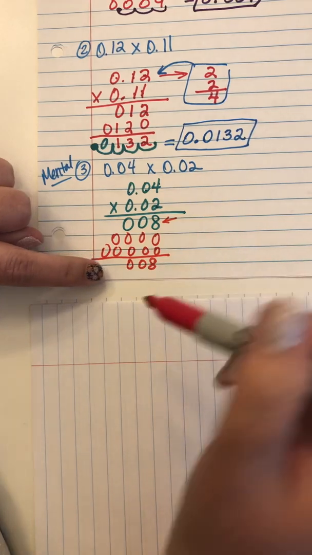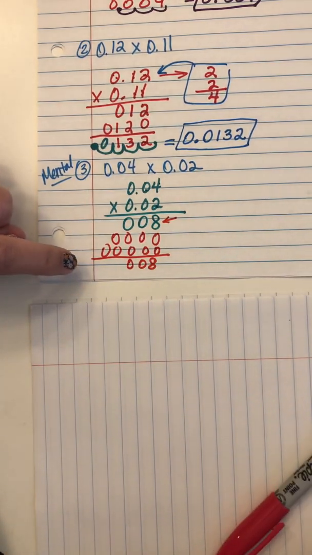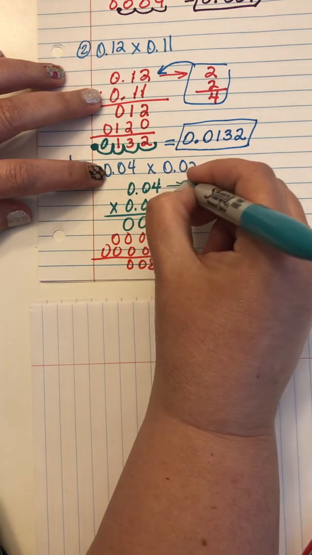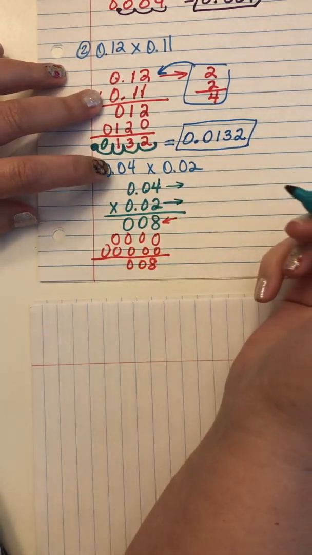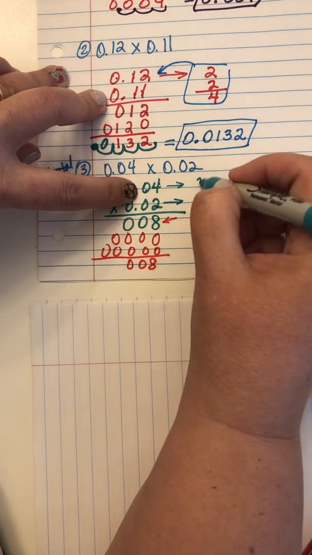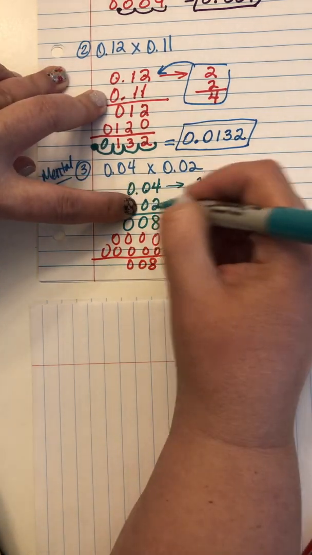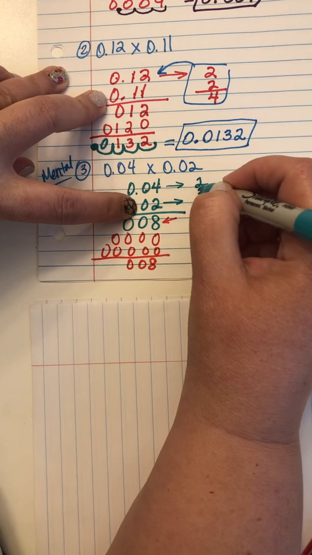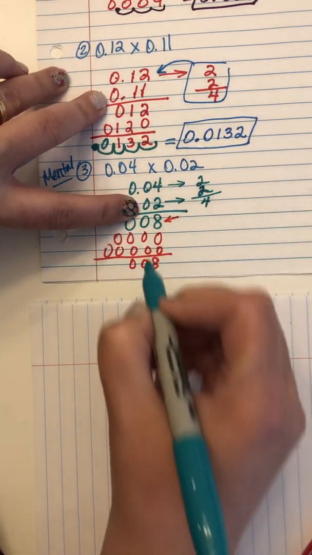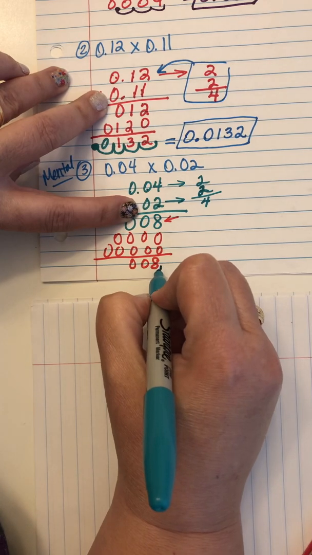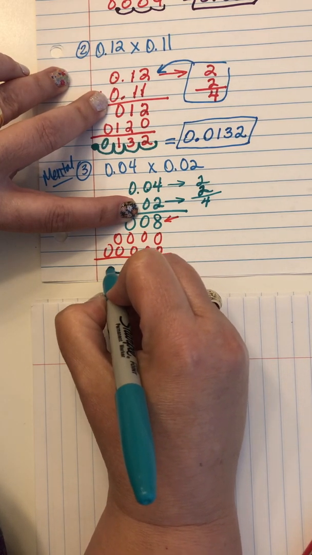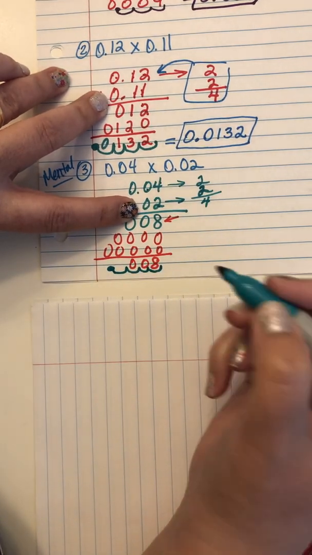So I have 8008. Now I have to go back to my original problem and determine how many decimal places I need. So I have, to the right of the decimal here, 2 digits, and to the right of the decimal here, I have 2 digits. And so that is a total of 4. So I'm going to come down and start my decimal here and say 1, 2, 3, 4, and that's where my decimal will end up.